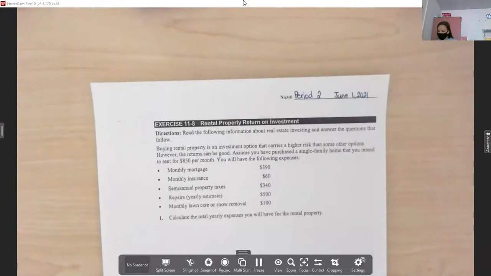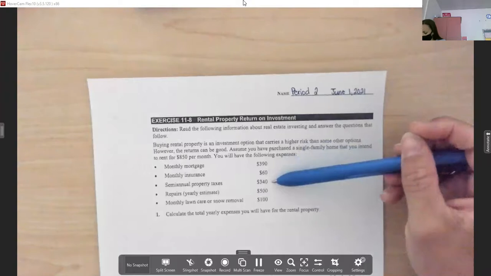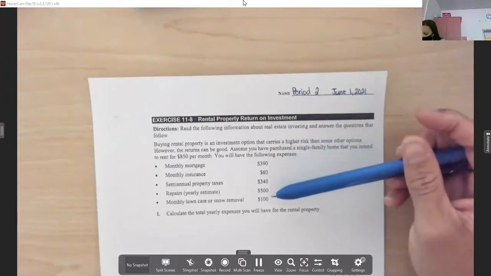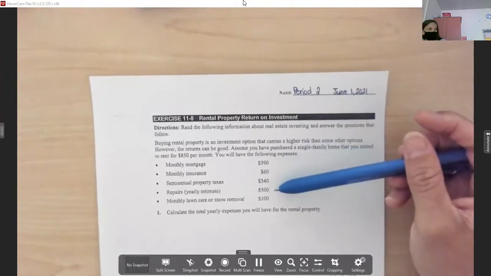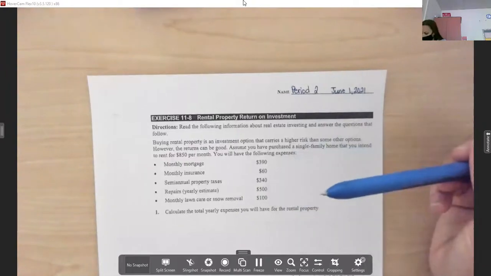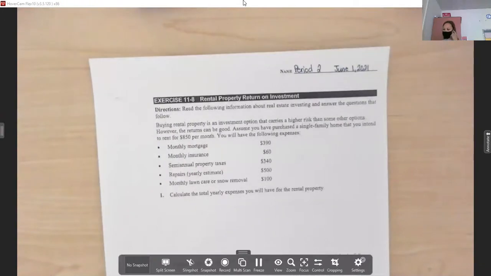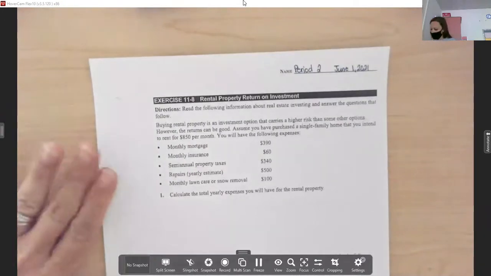So your monthly mortgage is $390, your monthly insurance is $60, semi-annual property taxes are $340. Your repairs as a yearly estimate is $500, and then monthly lawn care or snow removal is $100 a month. So calculate your yearly expenses you will have for the rental property. So how much is this going to cost you for the year?